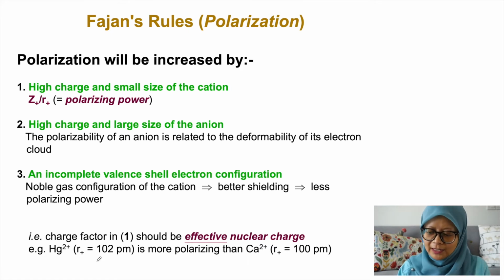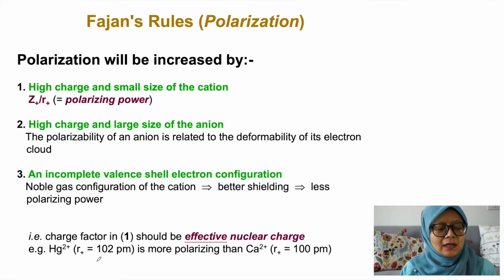It depends on the size of the cation and also the anion, and also the charge of the cation and anion. For Fajan's rules, or what we call polarization, this is what we have learned previously: the dipole moment and bond polarity.